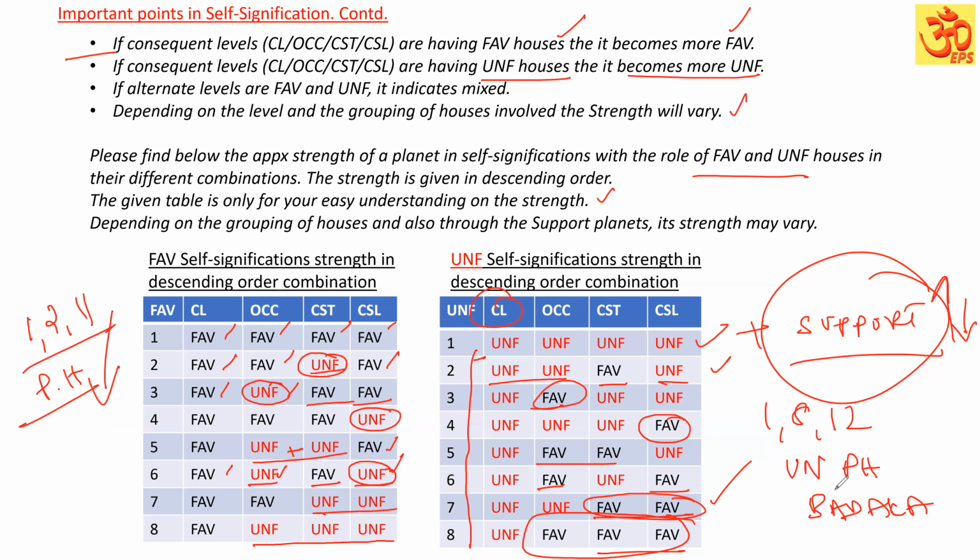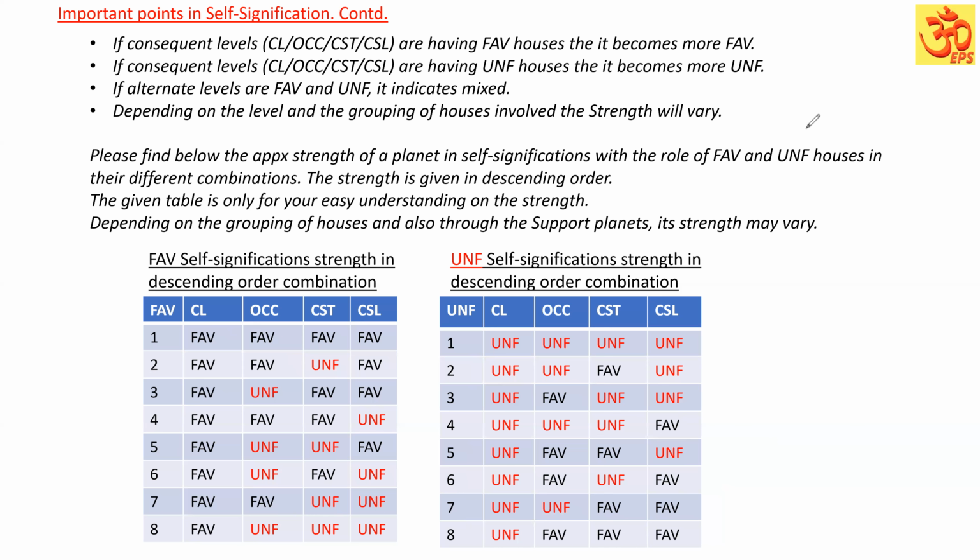If the CL is in these houses, that unfavorable impact is going to be strong. As I said, when the CL planet has such houses in self-significations, the support planets' influence also will be significant.